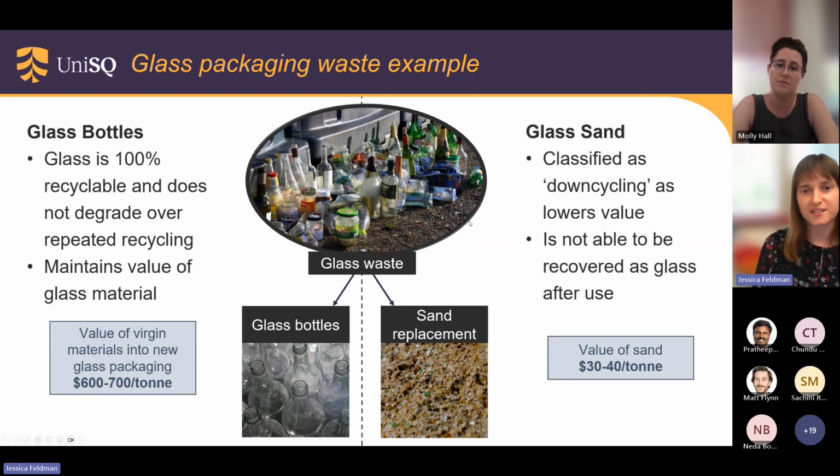But it's classified as downcycling because it lowers the value from if it was recycled back into glass. And importantly, at end of life, it's not able to be recovered as glass. Once it's crushed up as this sand and put into another product, we can no longer get out those small pieces of glass and make glass bottles again. You can see that the value of sand is significantly less per tonne than glass packaging.